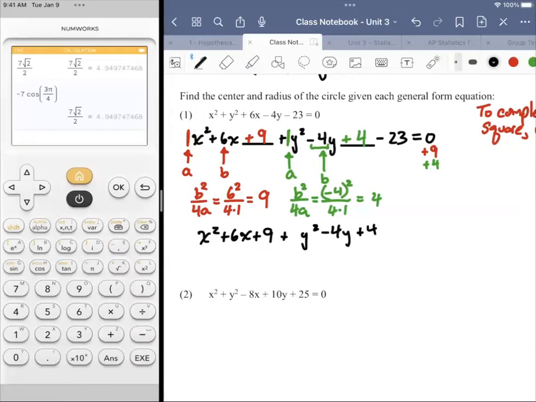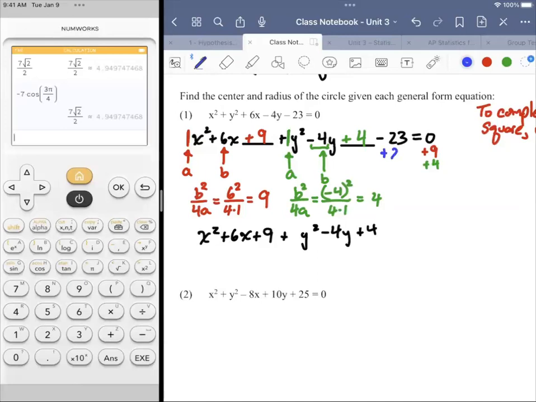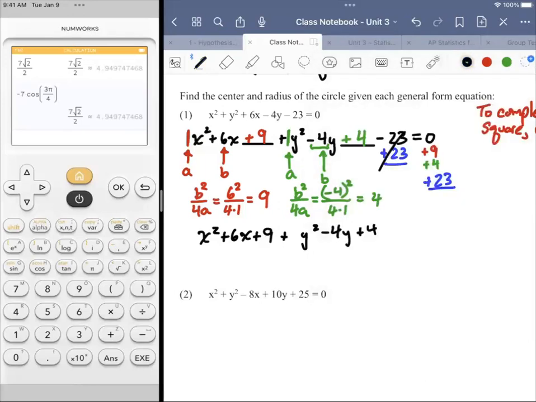And since we're going to have to move this term away anyway, why not just do it now? So I'm going to add the 23 also. All the constants should be on the other side. So 9 plus 4 is 13, plus 23 is 36.